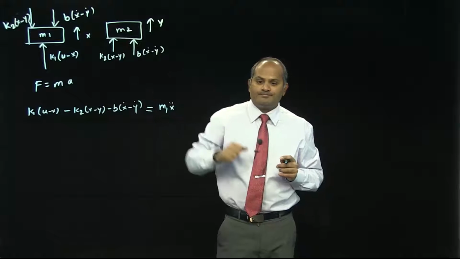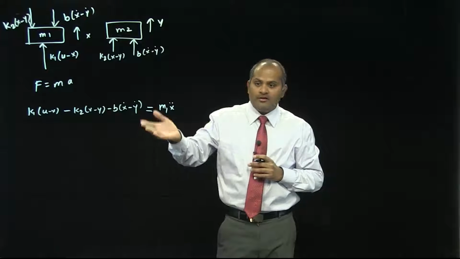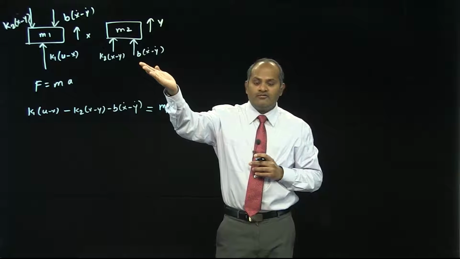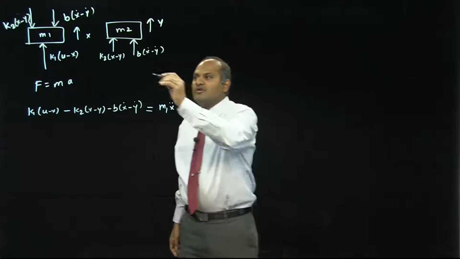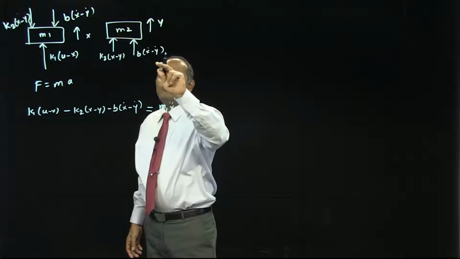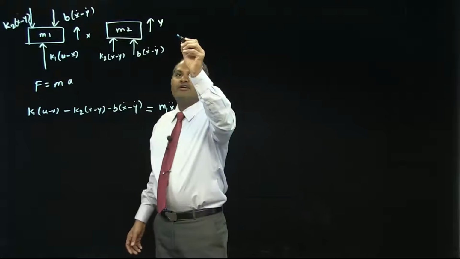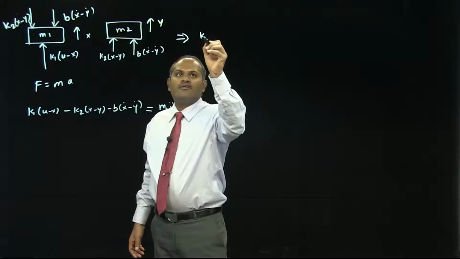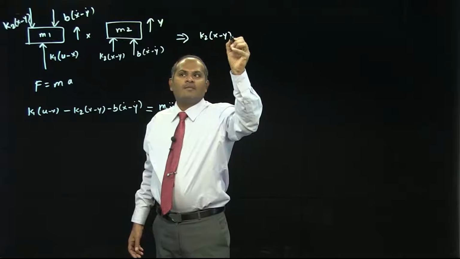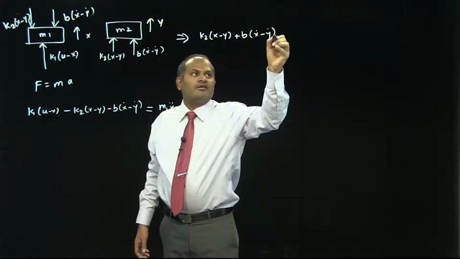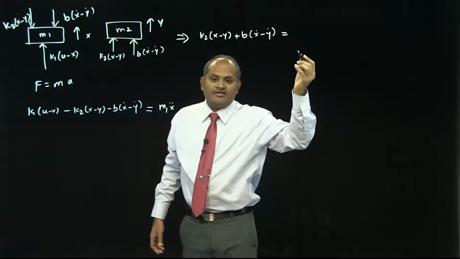And similarly, we can also formulate the motion equation for this m2. If you are writing here, the total force is acting in this direction, there is no opposite force. So, you can directly write k2 into x minus y plus b into x dot minus y dot produces mass into acceleration.